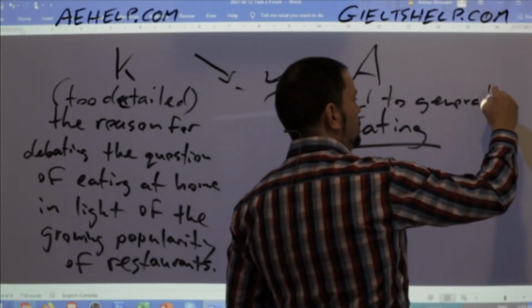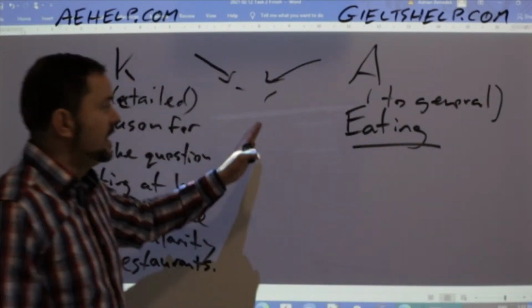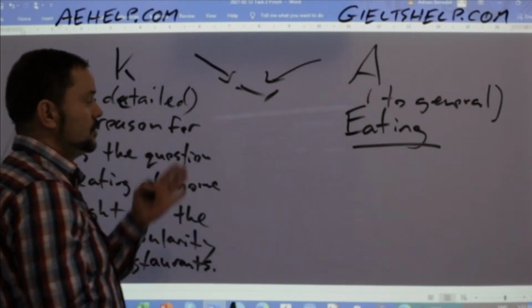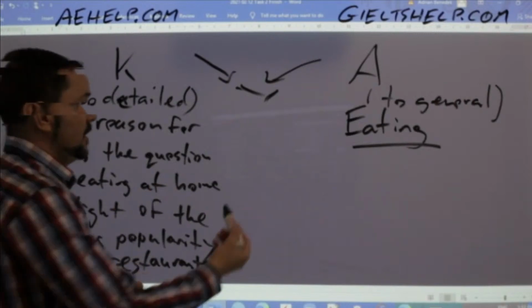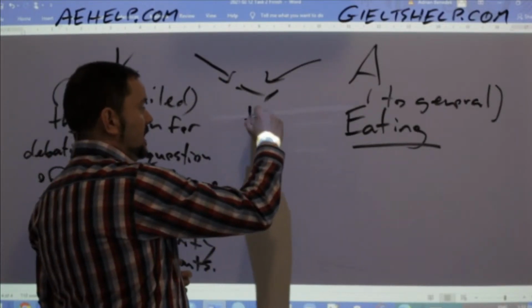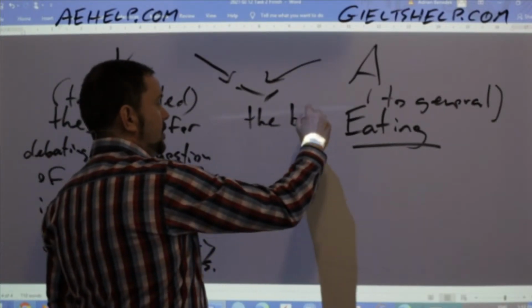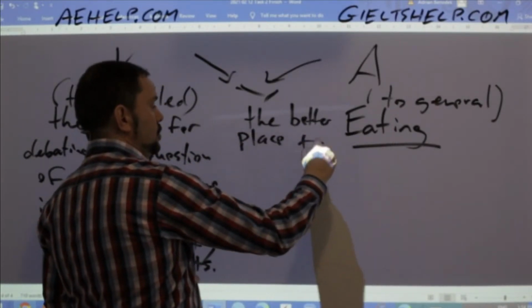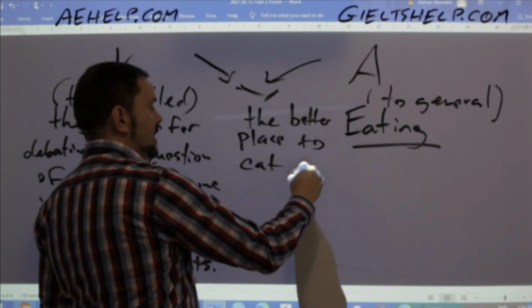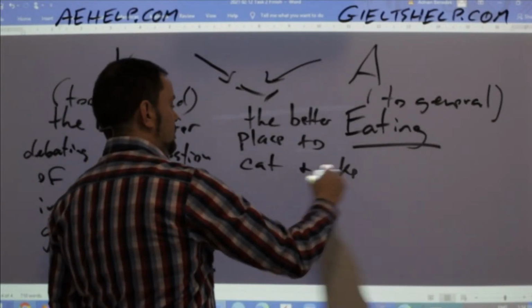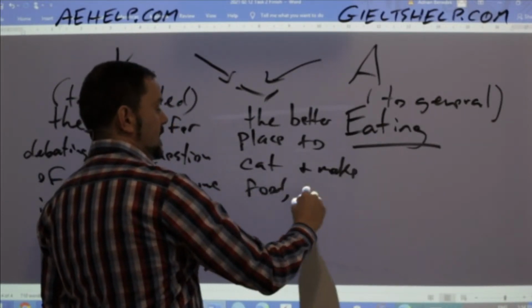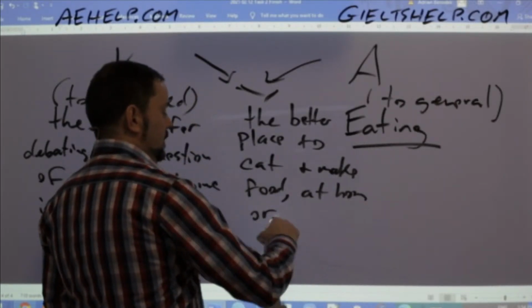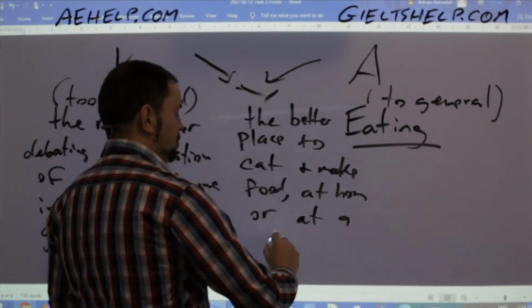So as a good writer, your goal is to find that happy middle ground and answer the question accurately, okay? So the question that we're trying to answer here is the better place to eat and make food, at home or at a restaurant.